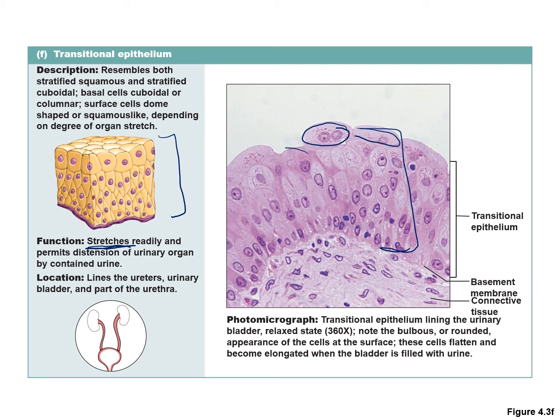And this one, let's say over here, looks like cuboidal. And the location is pretty limited: urinary bladder, part of the urethra, and the ureters. That's a place where you need a lot of stretch, especially let's look at your urinary bladder, when it's empty or when it's full with urine, that allows some stretch to your urinary bladder.